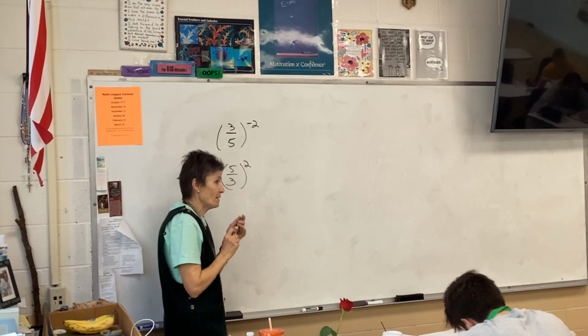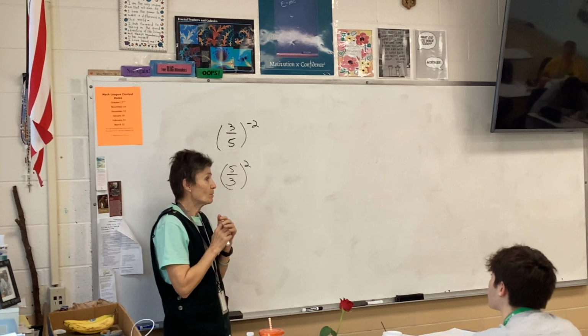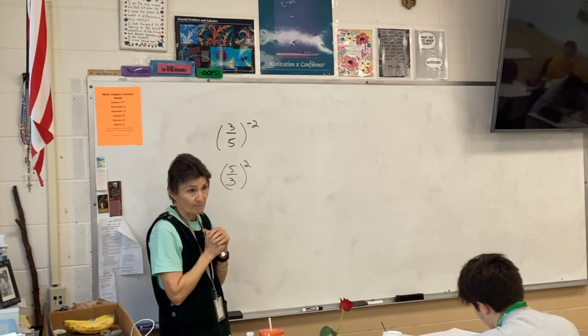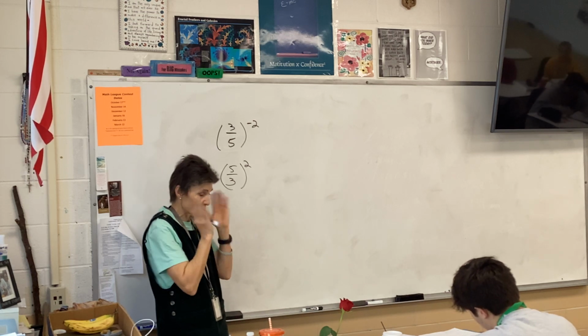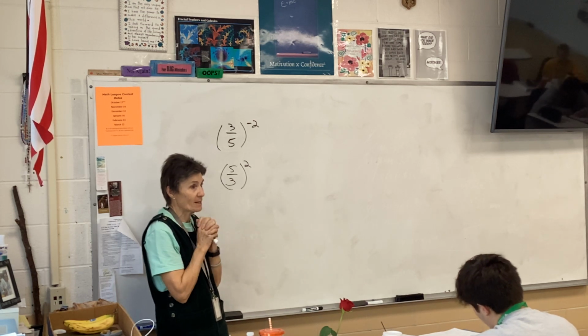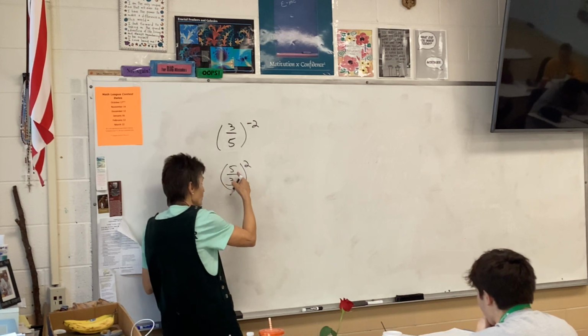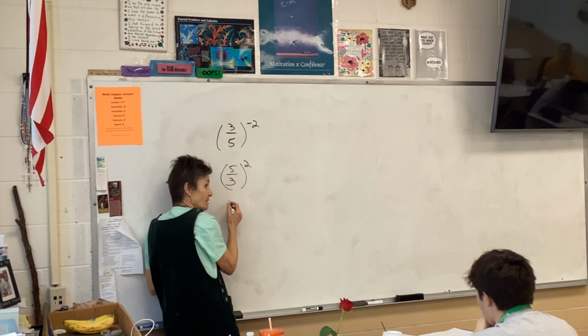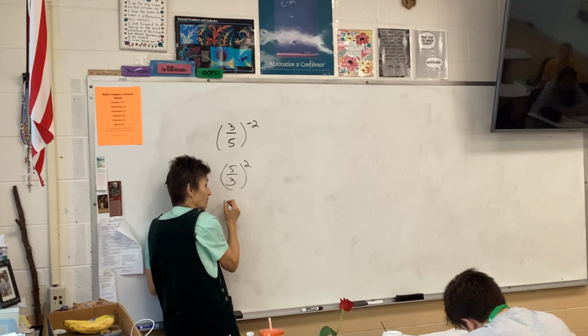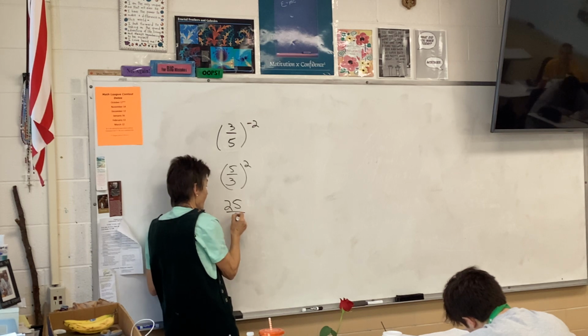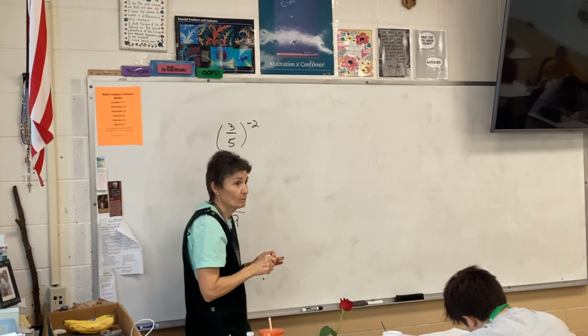When you flip it, your exponent becomes positive. It doesn't change the exponent. It stays 2, but it becomes positive. Now, this is easy. We're going to square both of those. So the answer to the problem is 5 squared, 25 over 9. That's it. Bingo. Done.